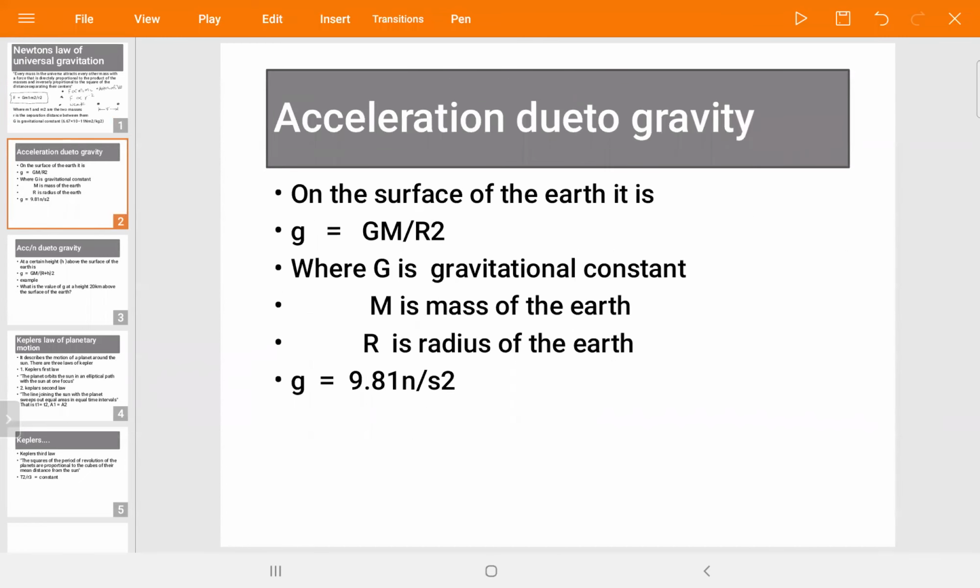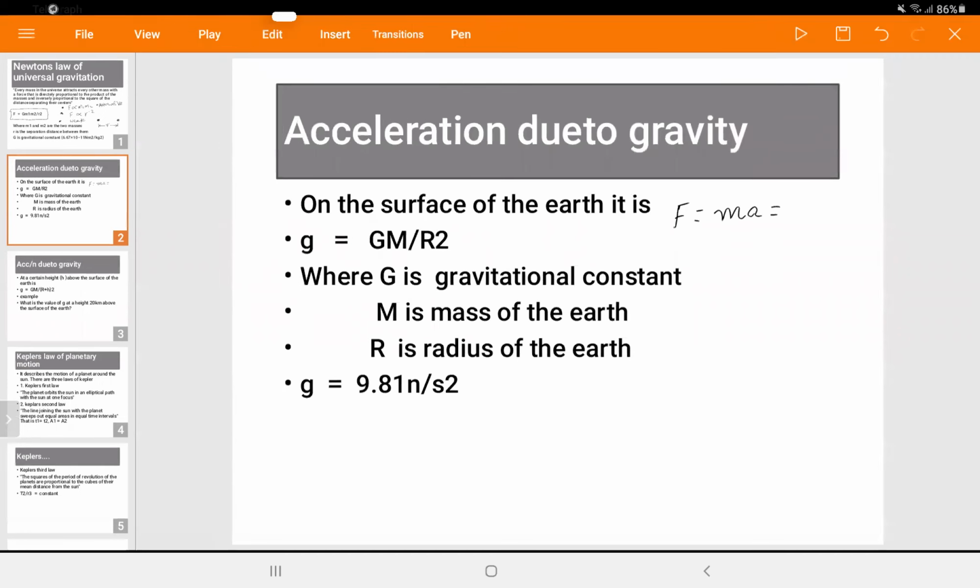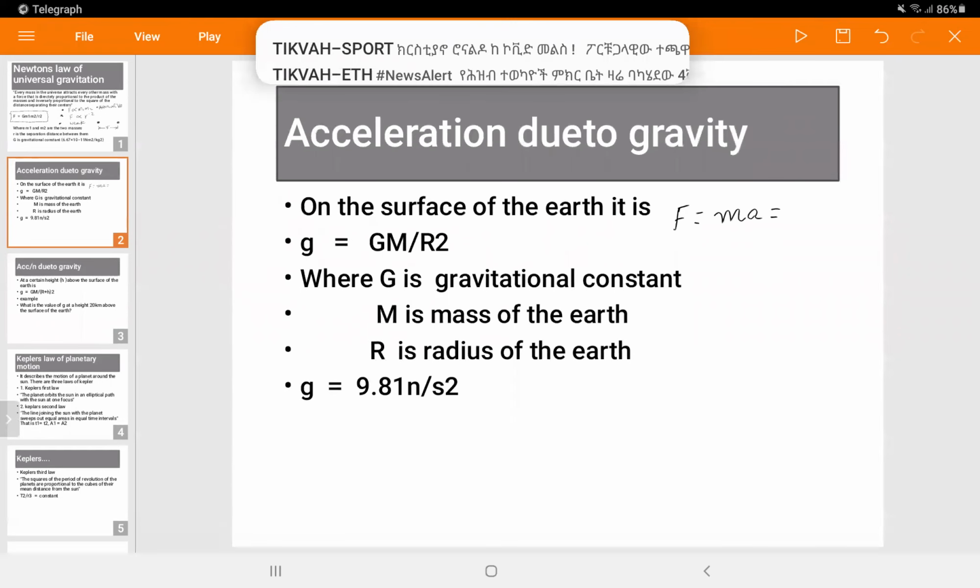Okay, the other point that we need to know here is the acceleration due to gravity. This acceleration results from the net force, which is the gravitational force. From our previous knowledge, the net force on a given system is mass times acceleration. For example, if you are talking about the weight of an object, it will be mass times gravitational acceleration.